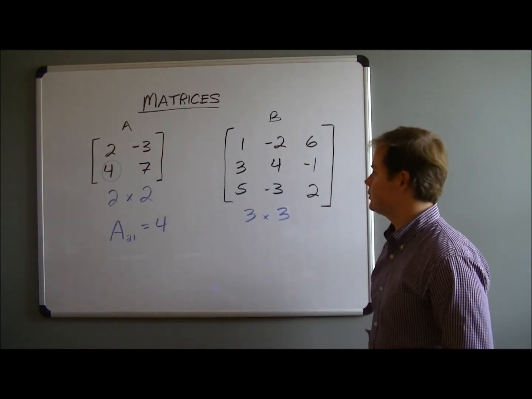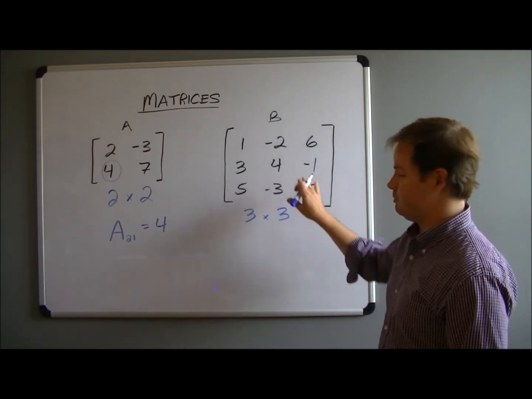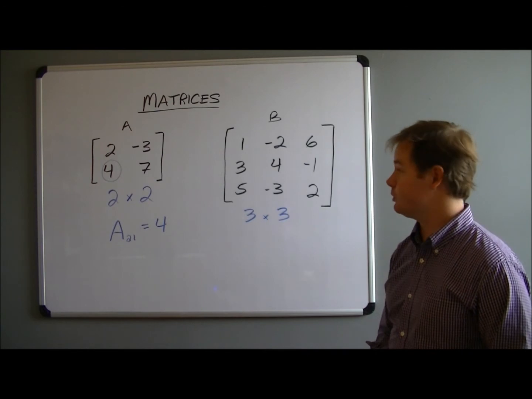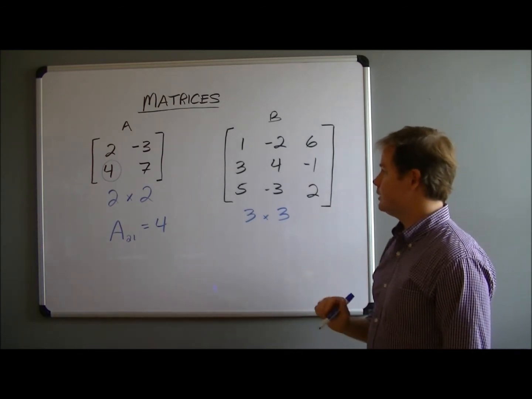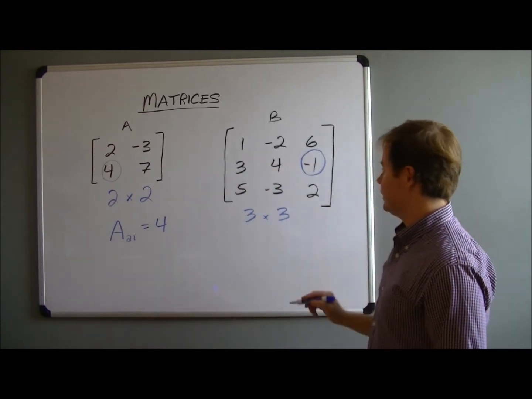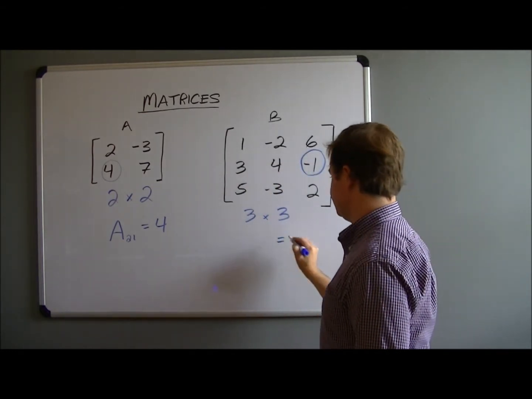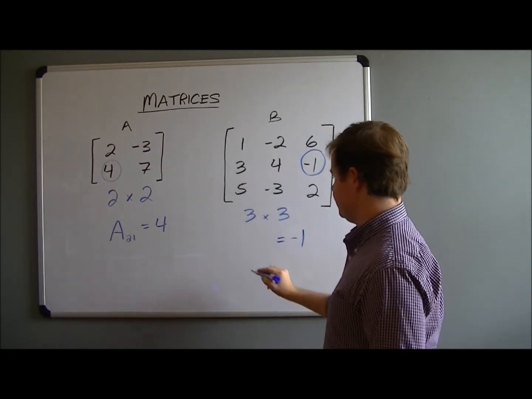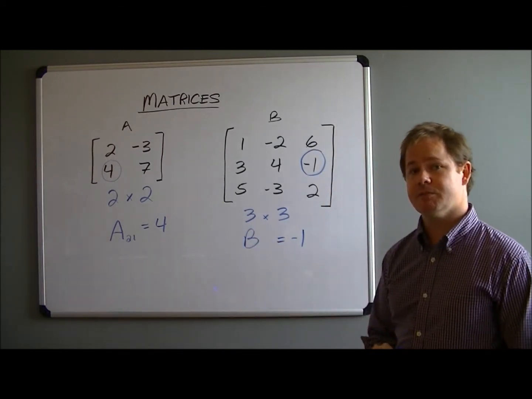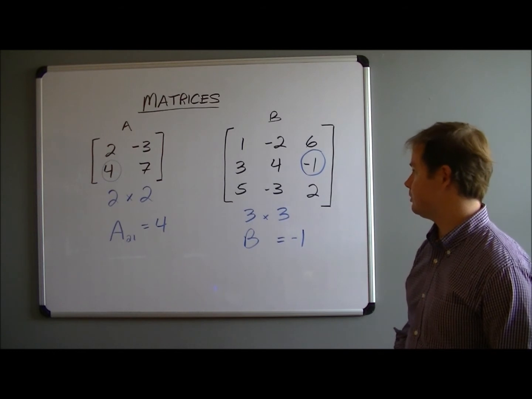So let's try another example with matrix B. In this case, just to make it a little bit more challenging, we're going to do it in reverse order. So for this matrix, let's see how we would refer to this term over here, the -1. So we know we're dealing with matrix B, and we just want to make sure that we get the subscripts correct in this example.